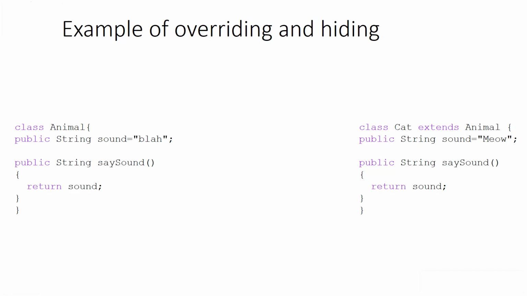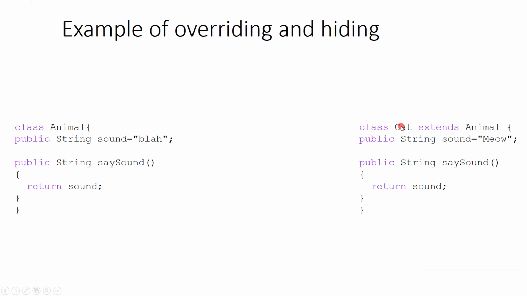The code that we're going to use to answer these questions is composed of two classes. The first class, Animal, has an instance variable sound, and then an instance method saySound, which simply returns the variable sound's value.